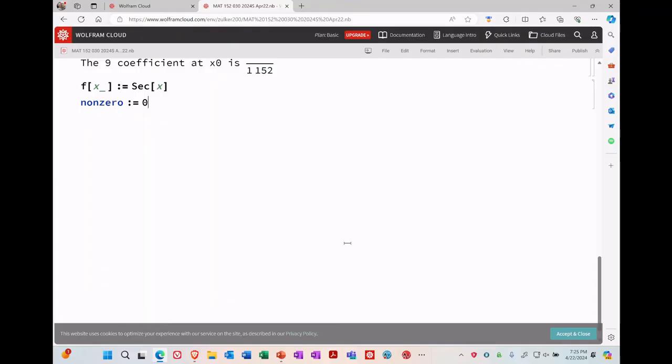Define a variable non-zero. I'm going to start it at 0, because we have no non-zero terms right now. Let's do a while loop. While non-zero is less than 4, this is what I want it to do.